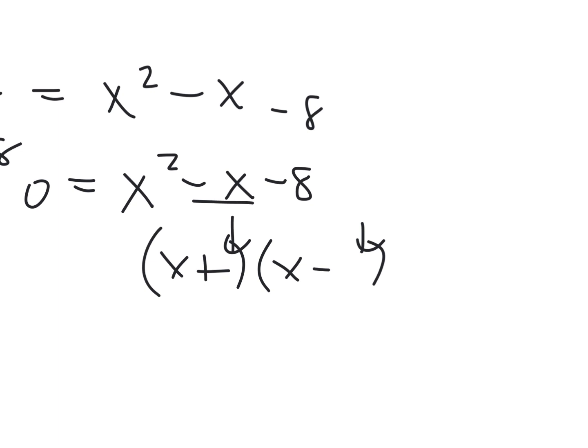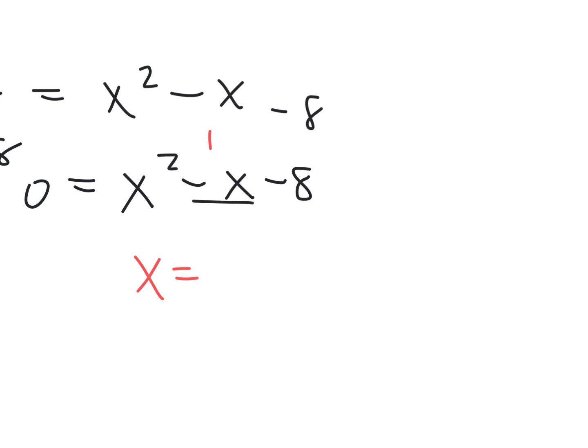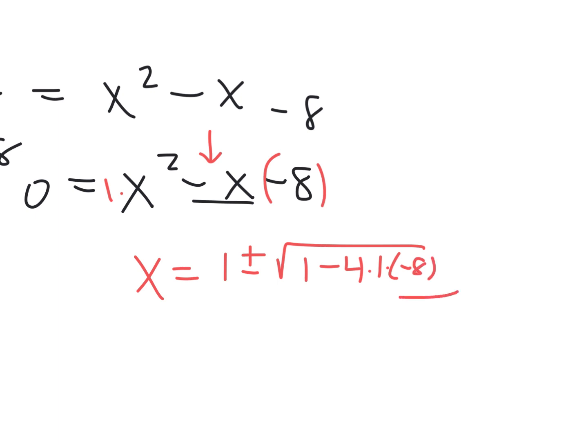Okay, so then this is where the quadratic formula comes in. If this was the ACT test, they would have given the answers in the form of x equals negative b, which is negative of negative 1, which is 1, plus or minus the square root of b squared, which is negative 1 squared, which is 1, minus 4ac, 4 times a is 1, times c is negative 8, all over 2a, and just 2 times 1, which is 2.